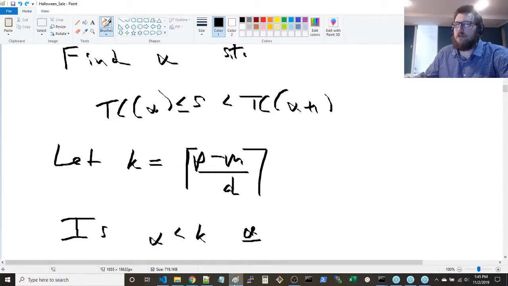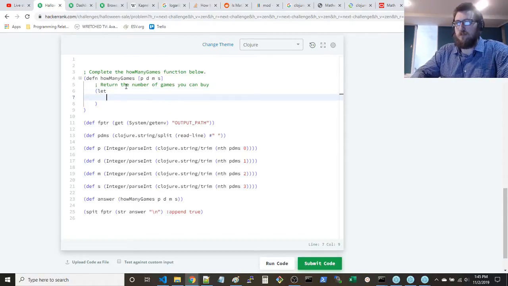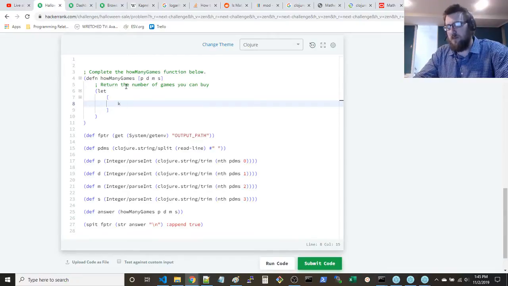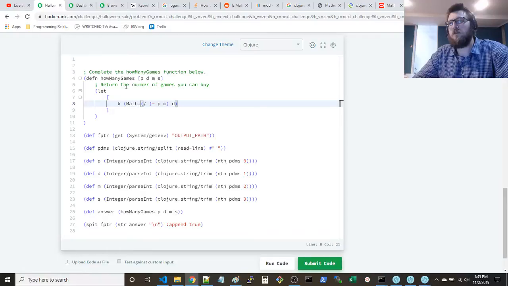So first we want to get K, which is the ceiling of P minus M over D. So let K be P minus M divided by D, and then we want to get the ceiling of that, and then convert that to an integer, because it does not return an integer.